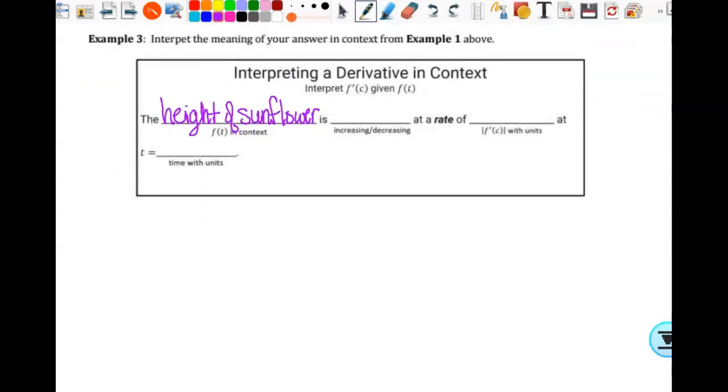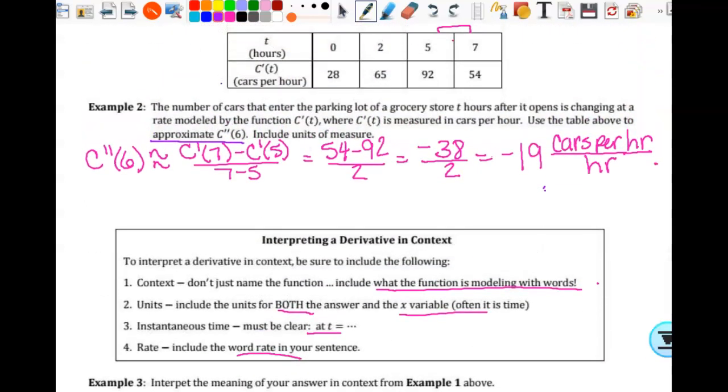So it is increasing at a rate of, okay, notice it says the absolute value of f prime of c, because if we were talking about example 2, I would say it's decreasing at a rate of 19 cars per hour per hour. I wouldn't say it's decreasing at a rate of negative 19. Does that make sense? The increasing or decreasing gives you your positive and negative.